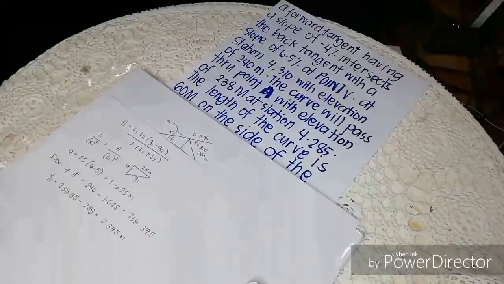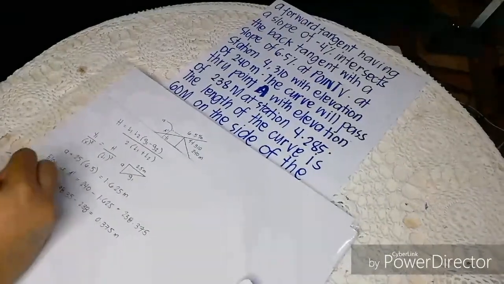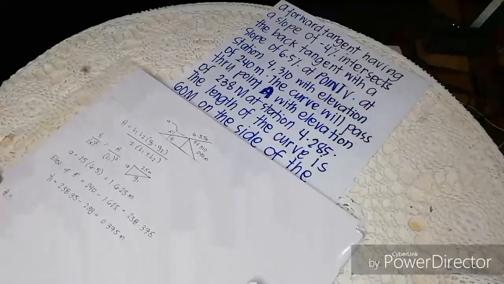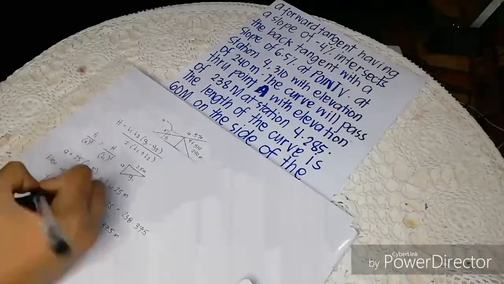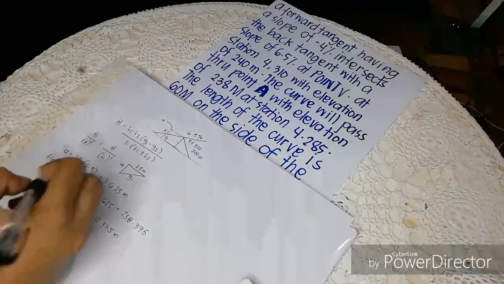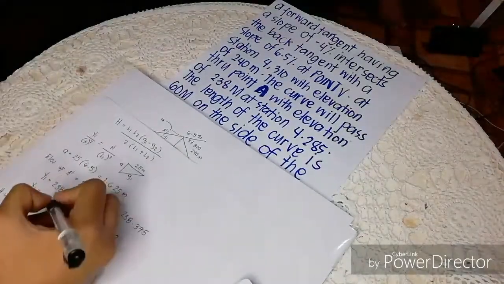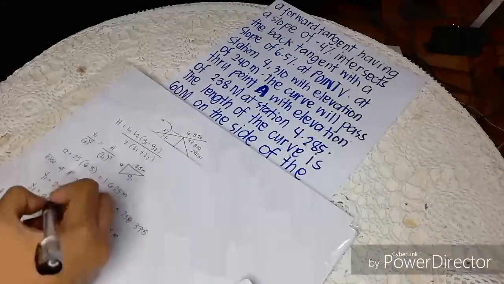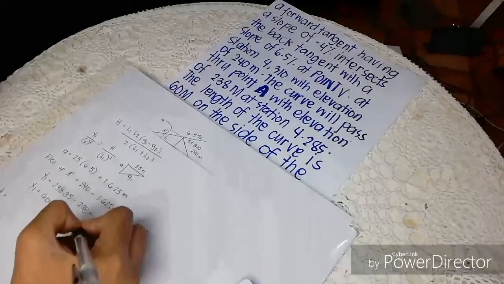So, pwede na natin kuhain yung H. Ay, bilangan pa pala natin ng X1. X1 is equals to 60 minus yung L1 minus 25 is equals to 35 meters.